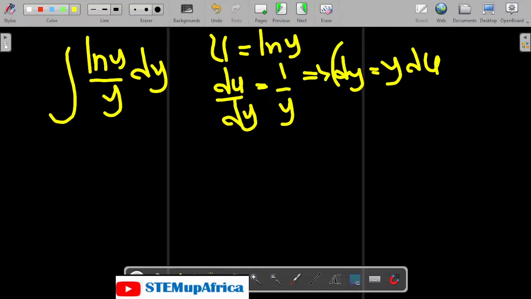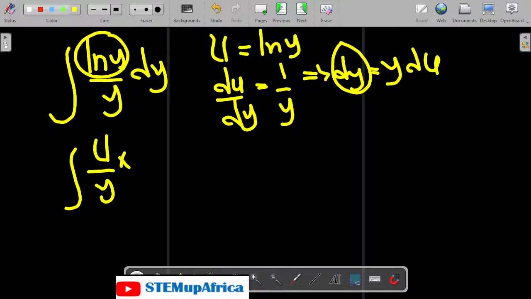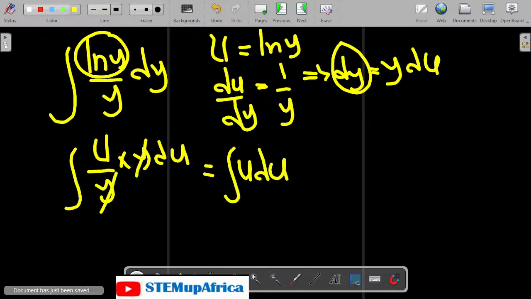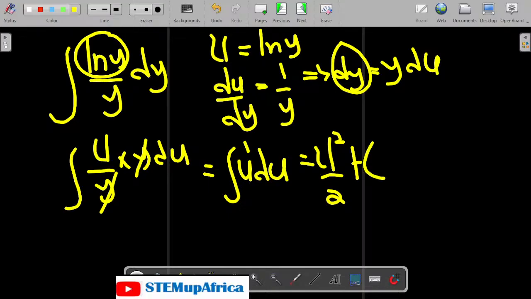So let's substitute it in place of dy. I'm putting y du. So I'm having the integral where we took the whole of this as u, over y times y du. The y cancels y, I'm left with the integral of u du, u raised to power 1. If I integrate it, I'm going to have u squared over 2 plus c. Where's our u?